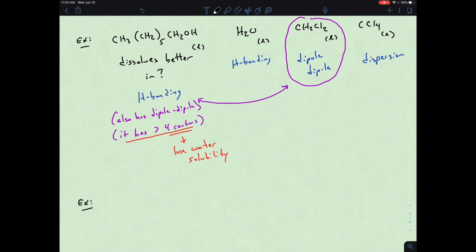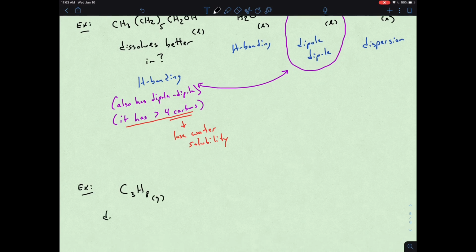Or if we did an example such as propane, what does it dissolve better in? We could look at H2O, again, CH2Cl2, and then carbon tetrachloride.